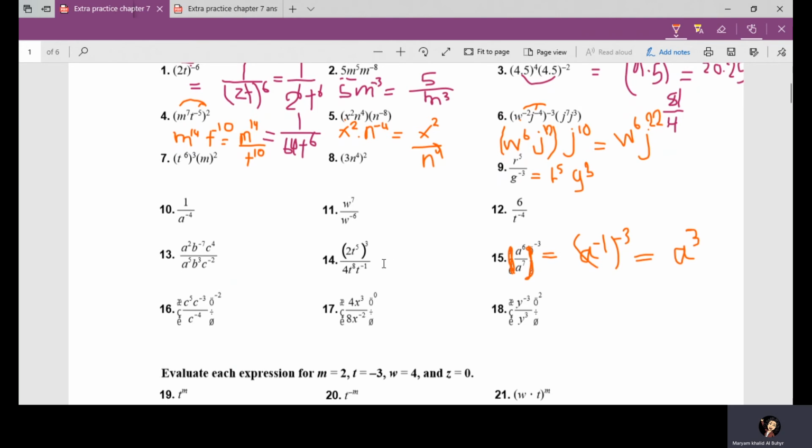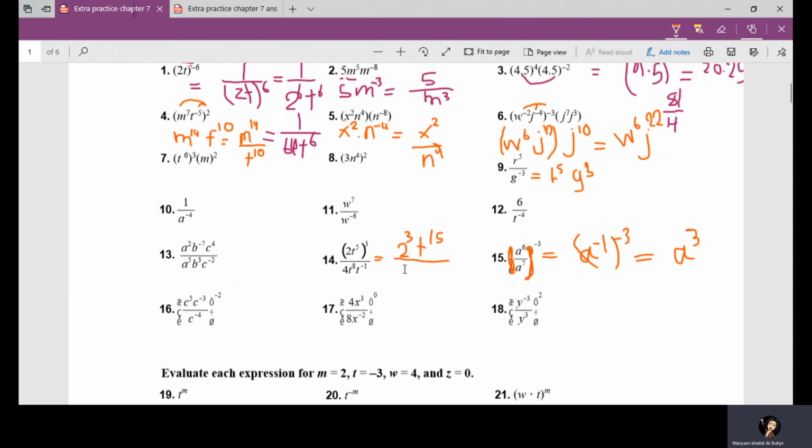So for this one, first things first, and this is easy definitely, that's why I skipped some of them. So here I will distribute the power. It will be 2 to the power 3, t to the power 5 times 3. It's what? 15.